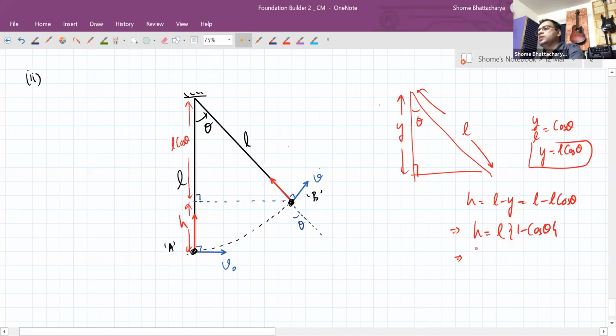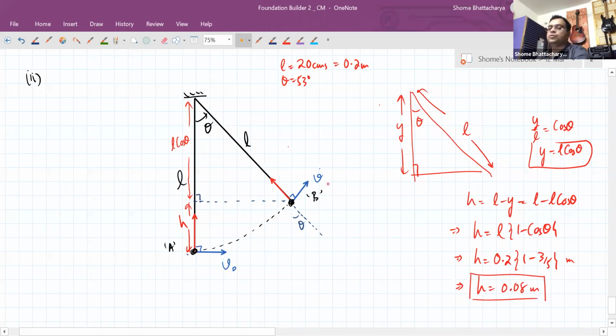Okay, so in this particular case, H will become 0.2 into 1 minus 3 by 5, because theta was 53 degrees. This is the height through which the particle is climbing from A to B.